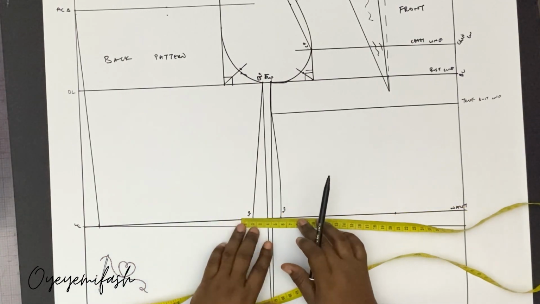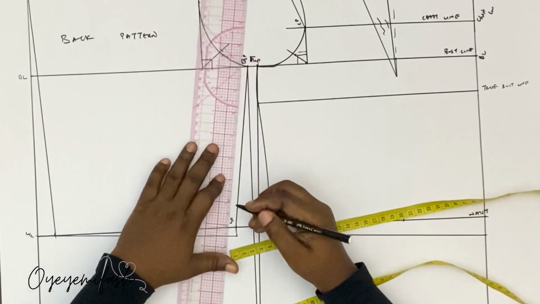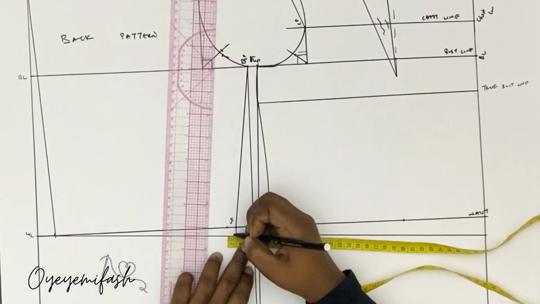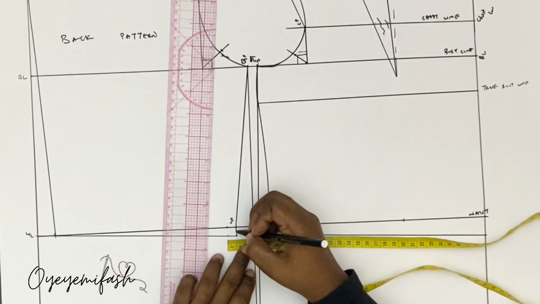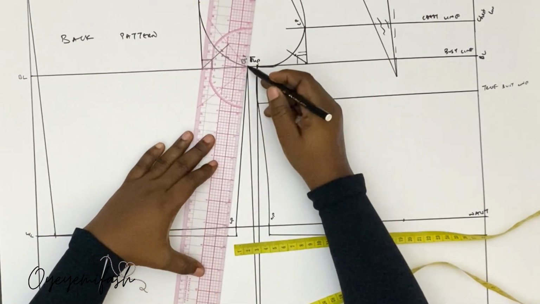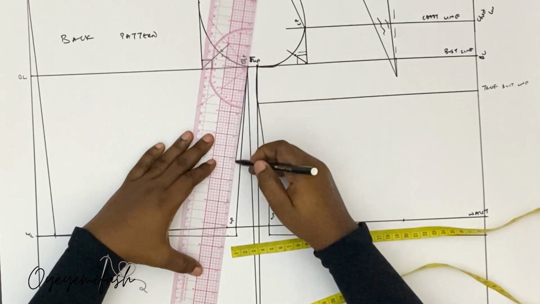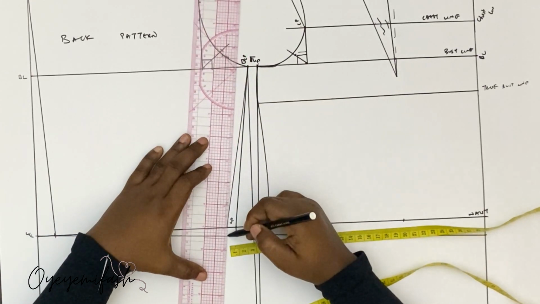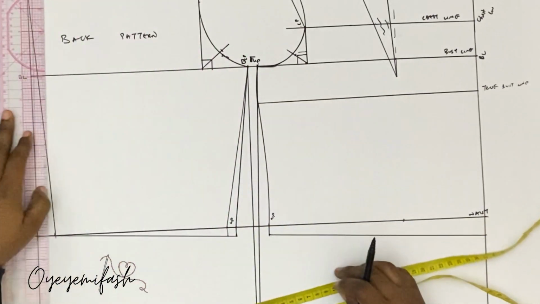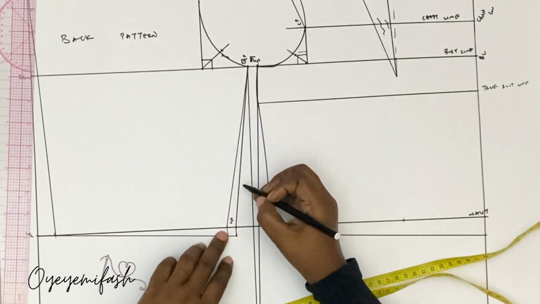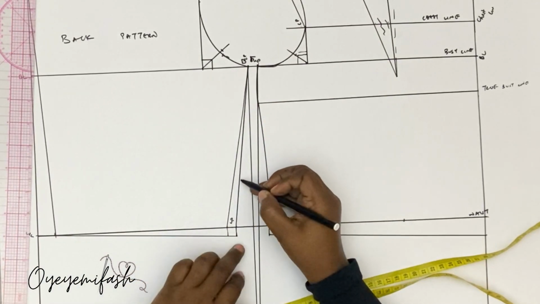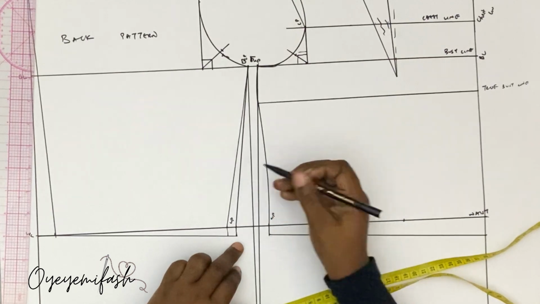Along the waist point on the back, I'll go in by 1 centimeter to have the inner shaped seam and also connect this. So this is the inner shaped seam, and this is the outer shaped seam.